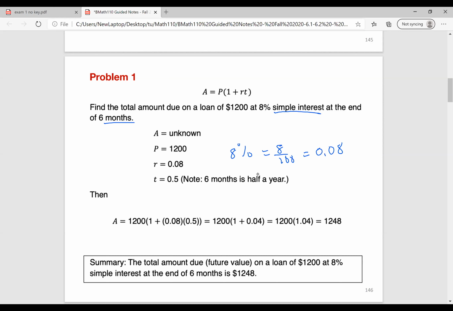Now I can apply all this information into the formula.